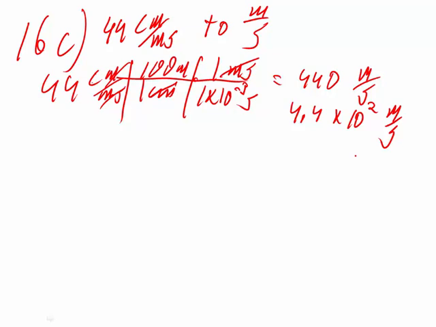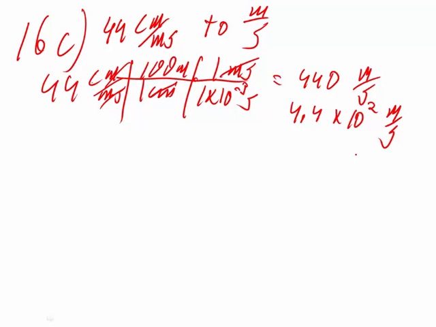For some reason, that's looking crazy. So 44 times 100, yeah, 4,400. Yeah, I knew that wasn't right. I knew that was way off. That is not right. My apologies.